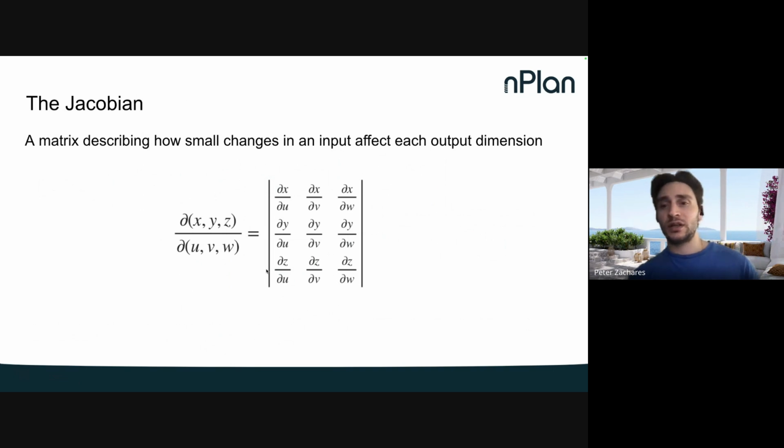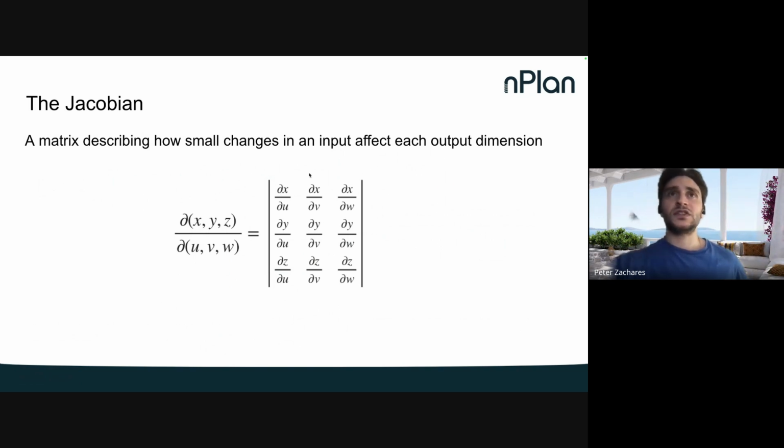So I just wanted to quickly introduce the Jacobian. Say your output has 3 dimensions, X, Y, and Z, and your input has 3 dimensions, U, V, and W. Then the Jacobian is a matrix which is basically the derivative of every output divided by every input.